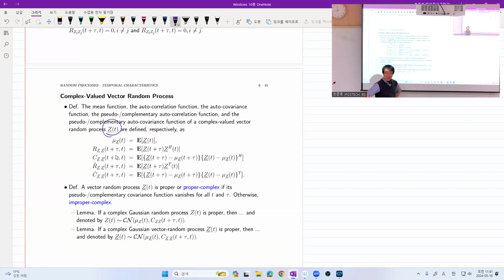Once, when I submitted a research paper using this notation, one of the reviewers really hated it. The review comment said, okay, the paper is good, but I do not like this underscore thing for representing the vector.